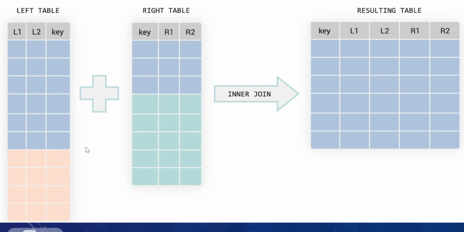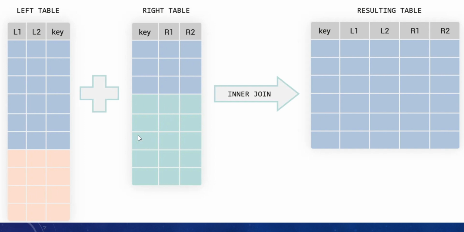This is one picturesque representation to understand how inner join works. Suppose there are two tables, and these colors refer to a matching column between these rows. You can see there are two colors, one is orange, one is this green color.